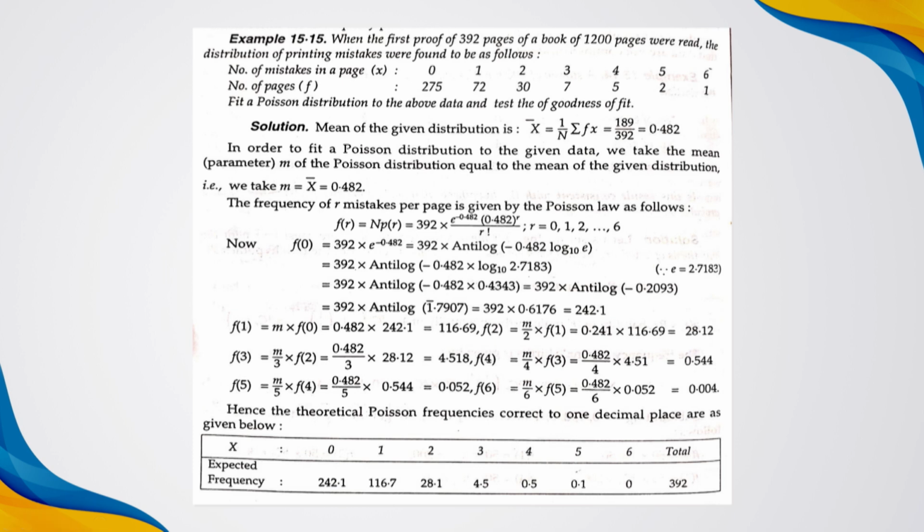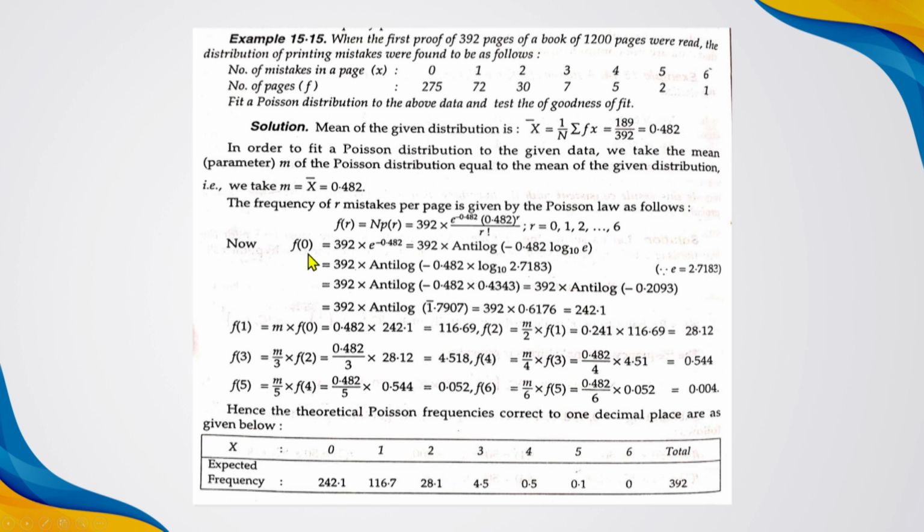You multiply the total frequency with the Poisson distribution, that is capital N into P of x. Your capital N is 392 multiplied by e to the power of minus lambda, where lambda is 0.482, times lambda to the power of x, that is 0.482 power x, by x factorial. Here x takes the values 0, 1, 2 and so on up to 6, because the maximum number of mistakes is 6.